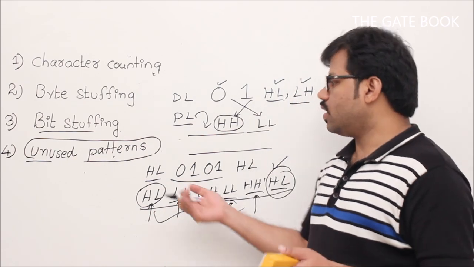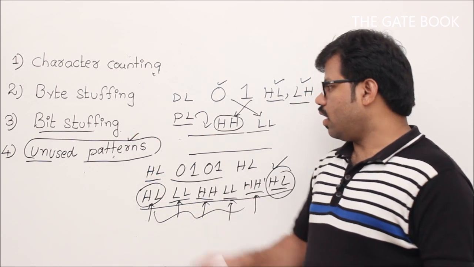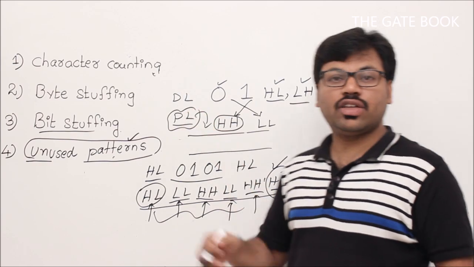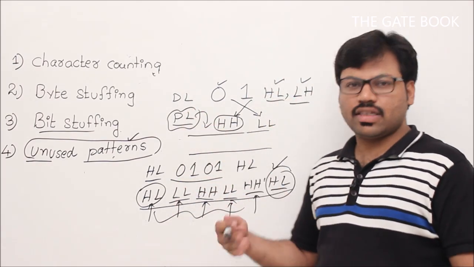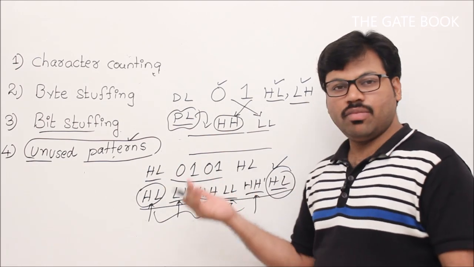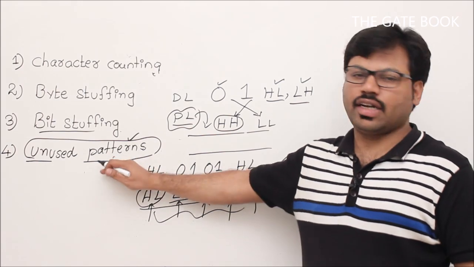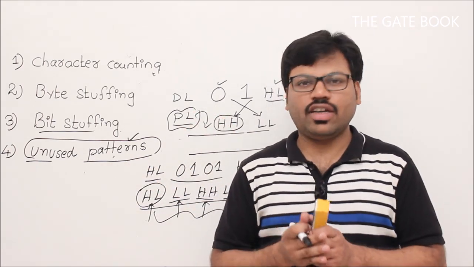Understand? But to use this, the physical layer should have this kind of encoding scheme. If your physical layer doesn't have this kind of redundant encoding scheme, then you can't implement this. So these are the various ideas to finally do the framing.